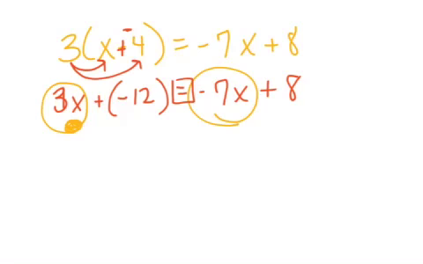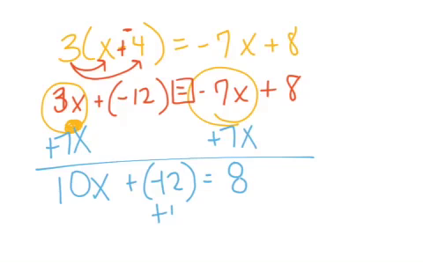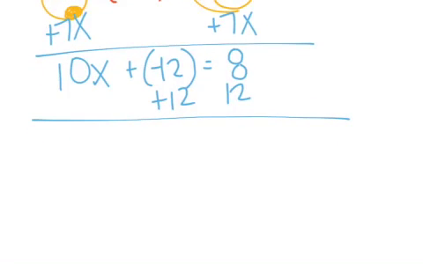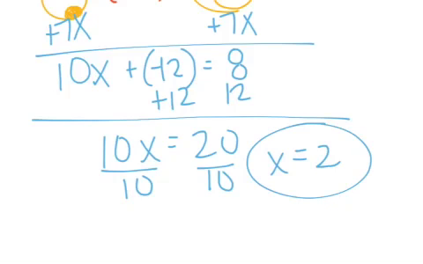So instead of taking a negative 3x on both sides that'll leave me a negative variable, I'm going to do a positive 7x on both sides so that I have a positive variable. All right, so be careful about that.